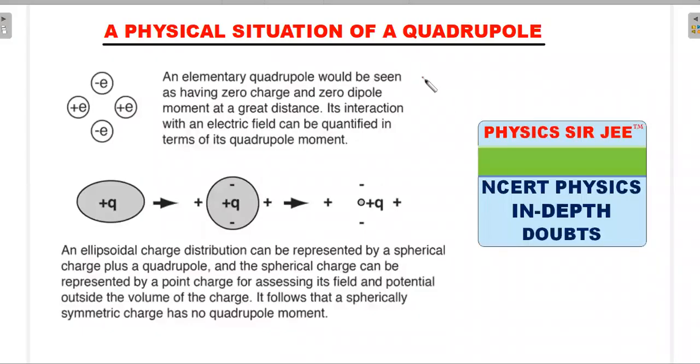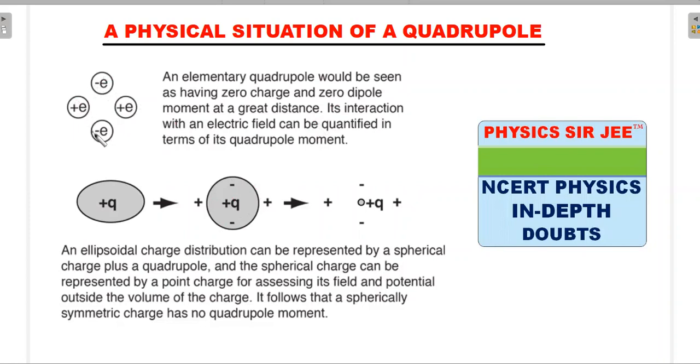Another physical situation of a quadrupole, just to gain your confidence in what we are learning here, is the same thing. These 4 charges that we looked at in the field map just now, when will we get this in a physical situation? You all remember that for a spherical charge, we can replace the entire charge for a large distance point as a point charge in the middle.